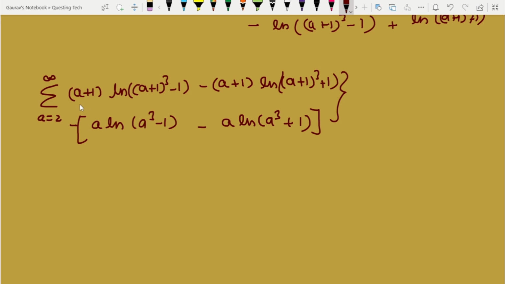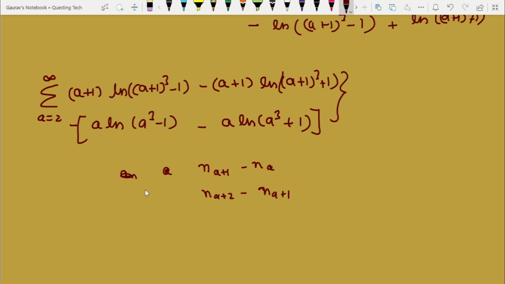So we can say this is a of n plus 1 minus a of n. Then this is going to be a of n plus 2 minus a of n plus 1.